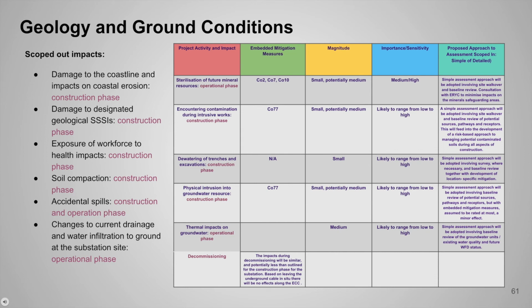The magnitude would be small, potentially medium, and the importance would likely range from low to high. Some of the scoped out impacts would be damage to the coastline and impacts on coastline erosion in the construction phase, or exposure of workforce to health impacts in the construction phase again.